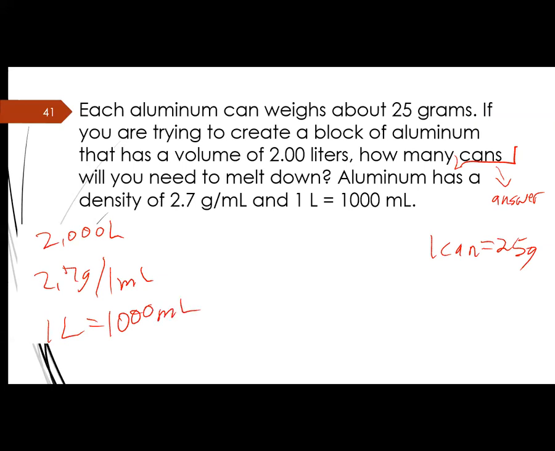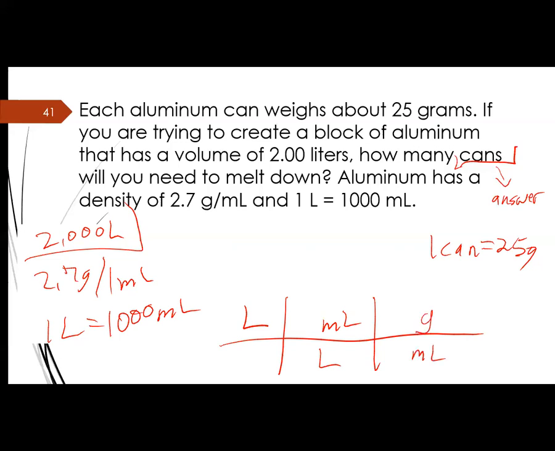So if I want to set this up, I might start with my liters. From those liters, I could change them into milliliters. From those milliliters, I could change them into grams. And from those grams, I can change them into cans, which is what I'm looking for.